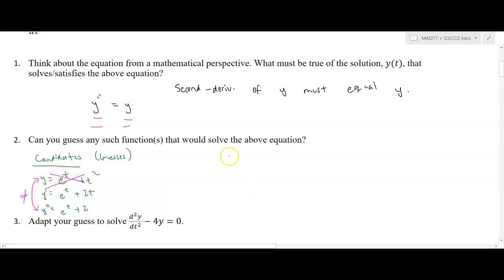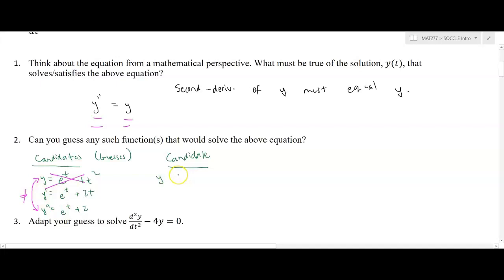Therefore, this is not a valid candidate solution. If I'm going to be strategic here, not just guess, I have to guess things that I know that when I take their derivatives, eventually I get the same function back. Another guess might be an exponential, because when you take its derivative, you keep getting the same function back.